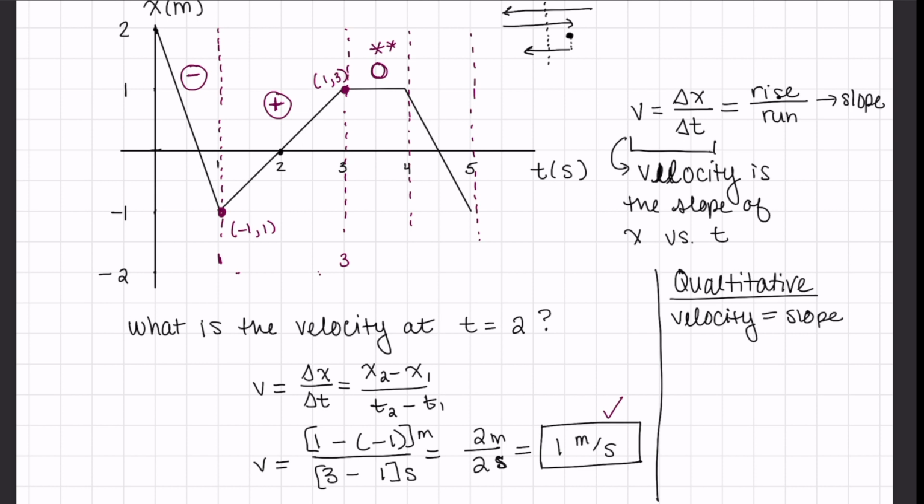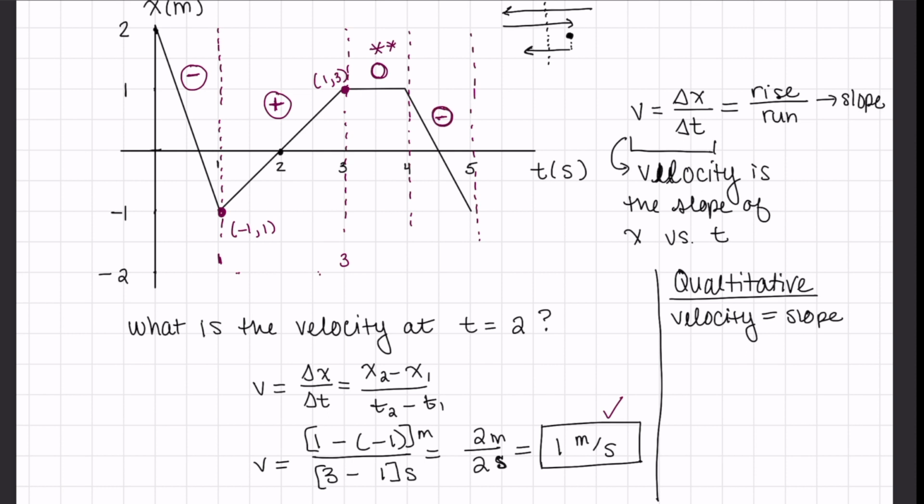I feel like that's definitely something you want to keep in mind. I feel like that gets asked a lot of where the velocity is 0, which would also correspond to the acceleration being constant, but we'll get to acceleration next. And then from 4 to 5 would also be negative.